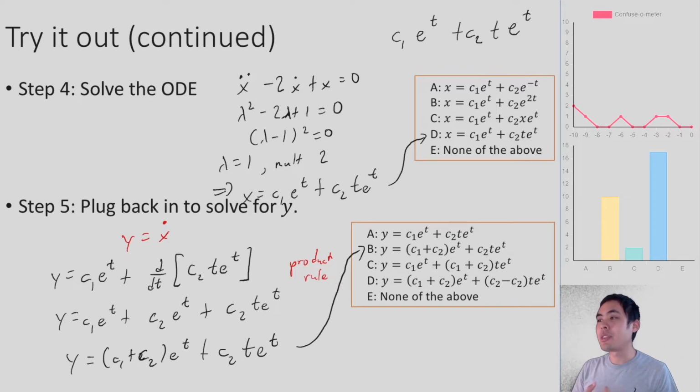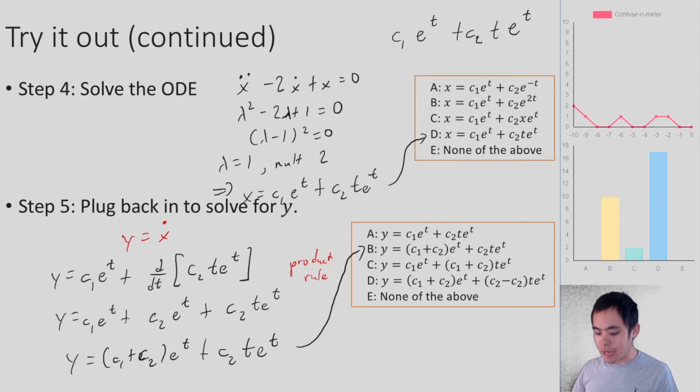Unfortunately, when you're dealing with multivariable calculus and ordinary differential equations with multiple variables, usually the convention is that t is your independent variable and x and y are your dependent variables. This is just mathematician convention, and mathematicians will often use variables in different ways, so you have to watch out for that.